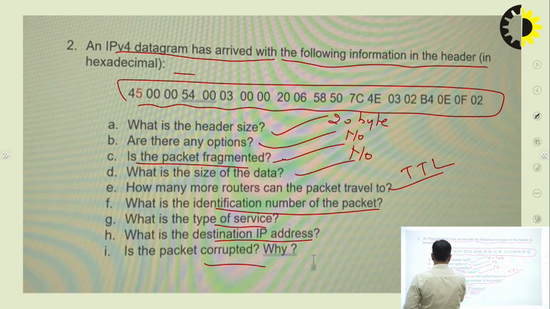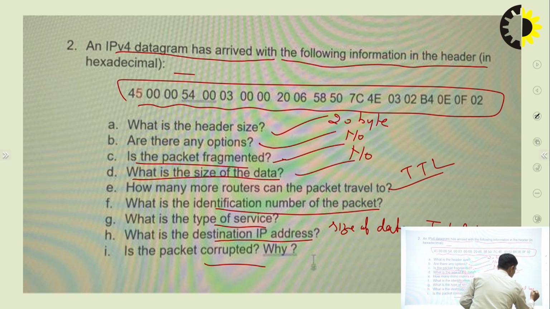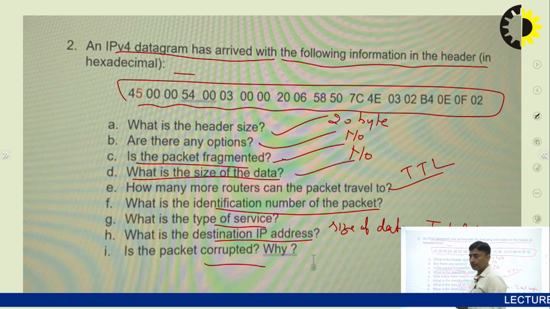Okay. What is the size of data? That is very important. How do we come to know the size of data? The size of data is equal to total length minus header length, right? Total length minus header length. So from where do we come to know the total length of the packet?